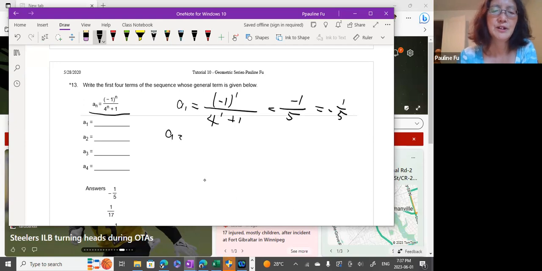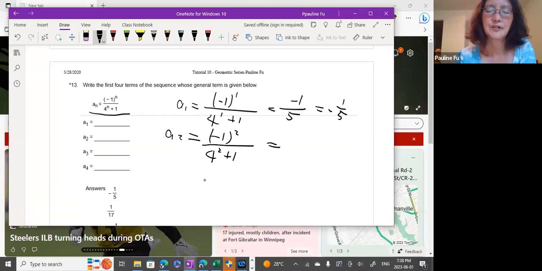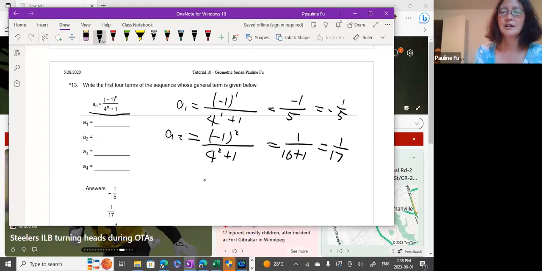A2 means n equals 2: negative 1 squared over 4 raised to power 2 plus 1, so 1 over 17.